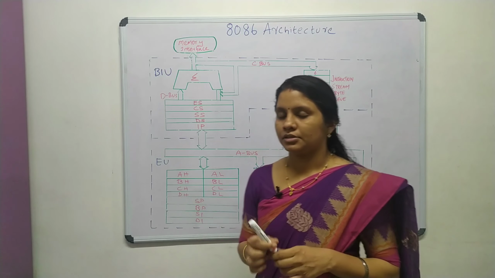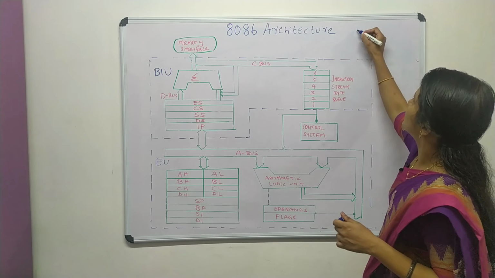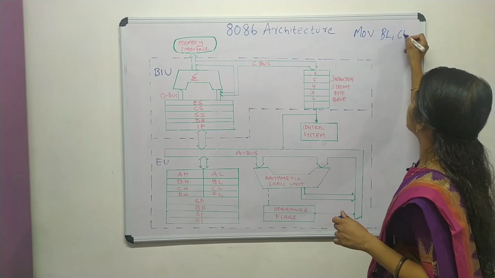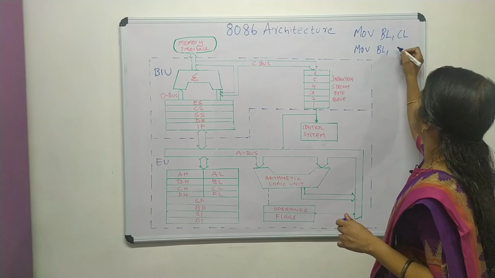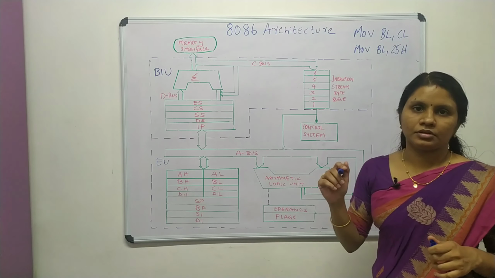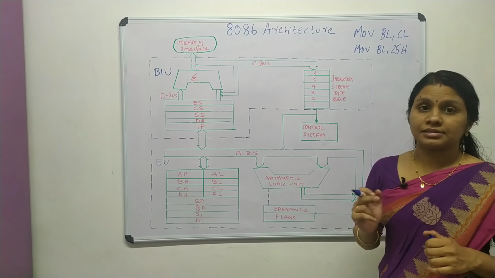Fine. And next, consider two instructions, that is, MOV BL, CL and MOV BL, 25H. Okay, so these are two instructions written in assembly language.